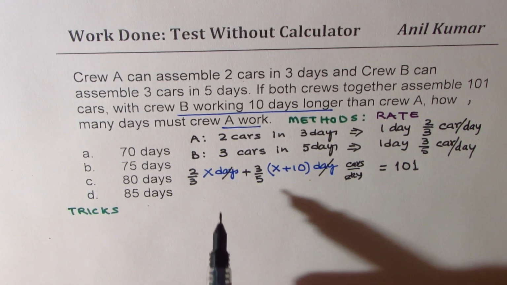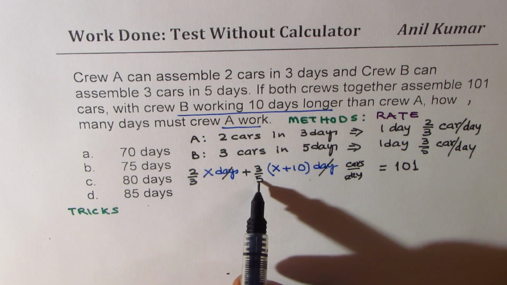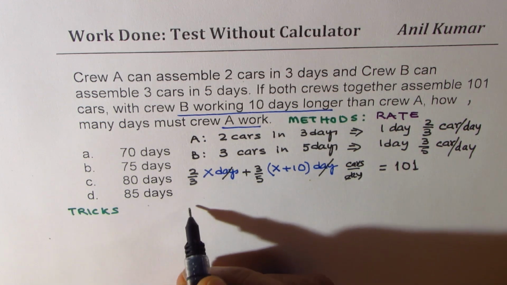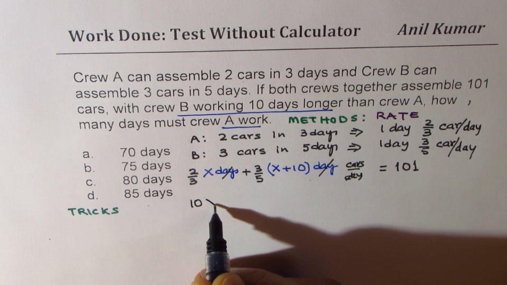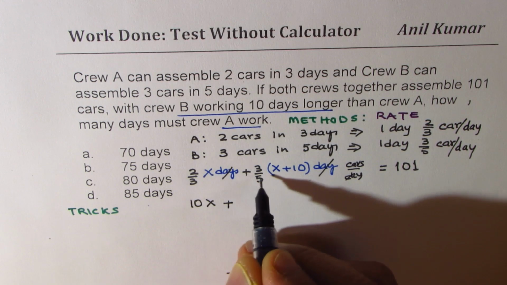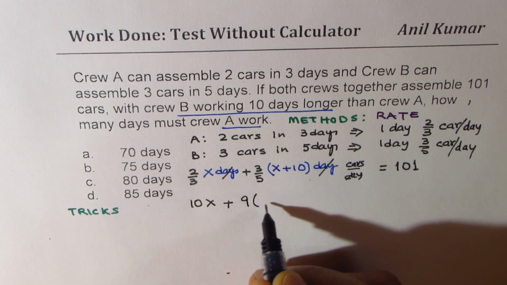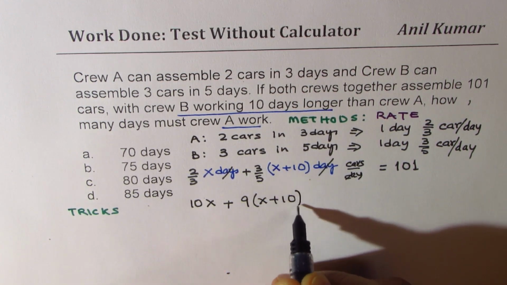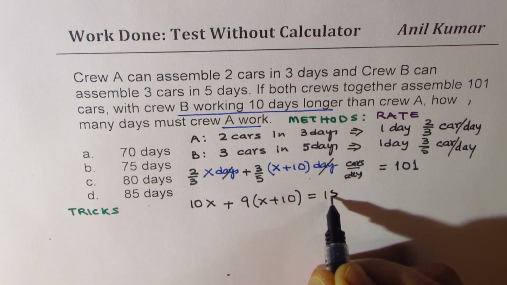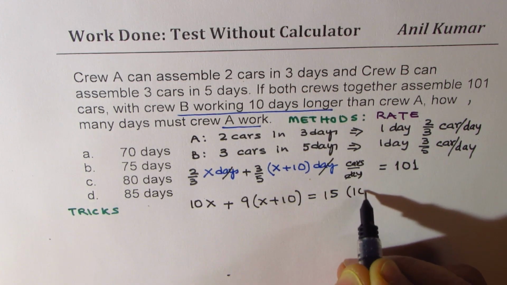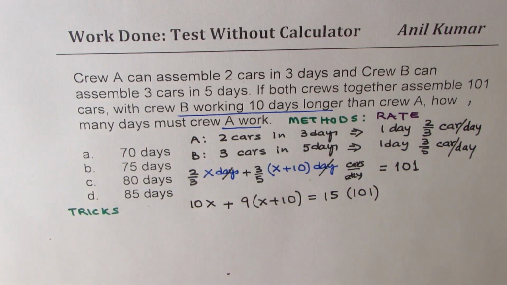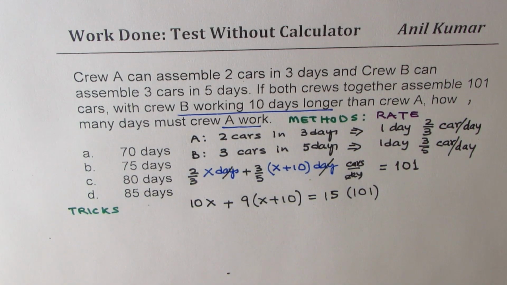To solve this equation, we can multiply by 15 both sides. So we get 10x plus 3 times 3, 9, x plus 10 equals to 15 times 101. Clear? So we just times it with 15 to get rid of the denominator.